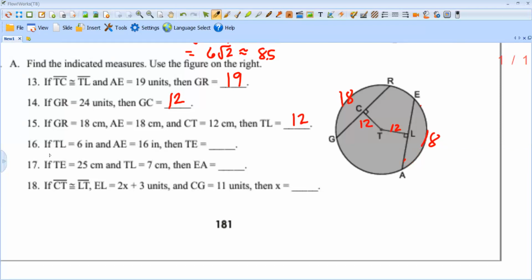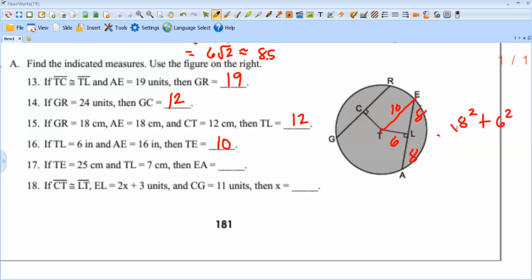Next, number 16. TL is equal to 6. So let's erase this again. TL is equal to 6. And AE is equal to 16. So this is 8 and 8. What is the value of TE? So we will be using the Pythagorean theorem. So that is 10. Because 6, 8, 10 is a right triangle.